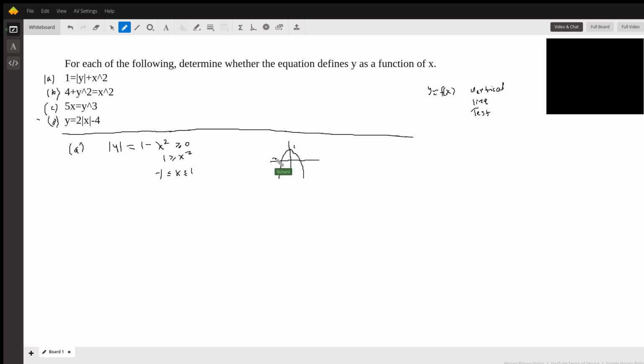If we restrict the domain here between negative 1 and 1, which is the only thing that you can do for this equation to hold, and we're just looking at this upper portion here, then it certainly passes the vertical line test. So within that restricted domain, yes, the function is 1 to 1.